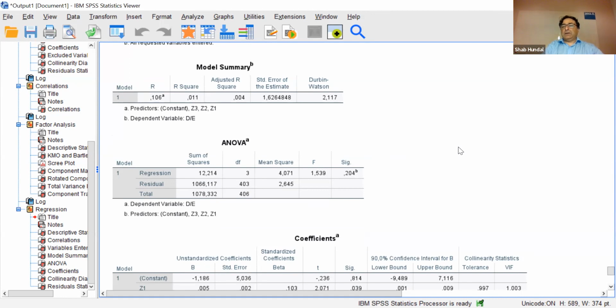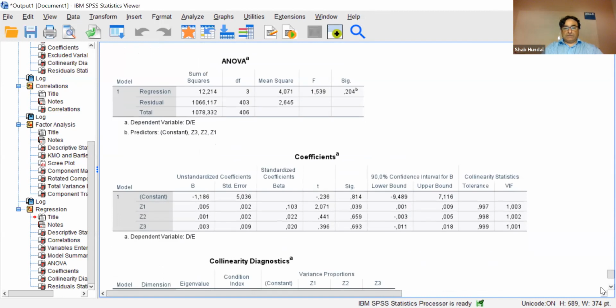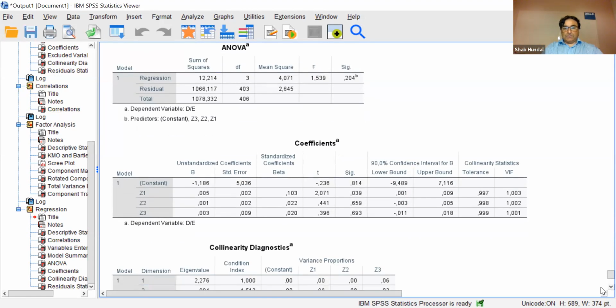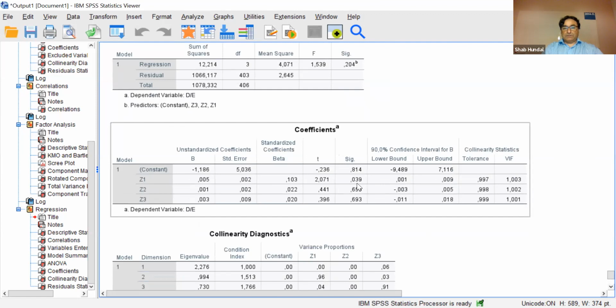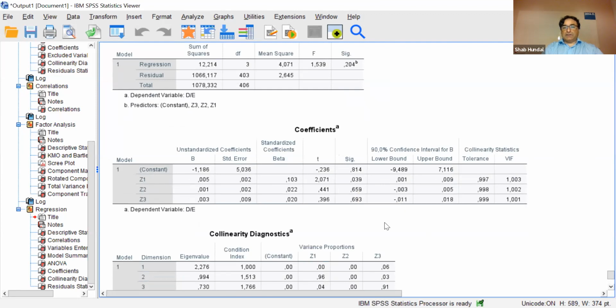Maybe that is a limitation, but my point is not how beautiful my results are. At the moment, I'm only focusing on a new technique that you can use, the ANOVA, and then we find that except for our first factor, all other factors are insignificant. So only Z1 is the significant variable, which has an impact.